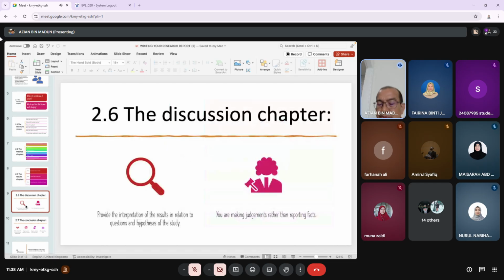But for discussion you must, because you want to discuss your study with past study. What are the differences? If they are different, explain why. If the results are the same, explain why lah. So you cannot go quiet about the results just because they are similar to past study.